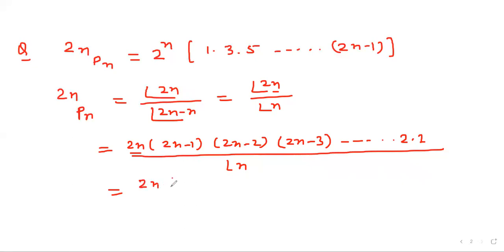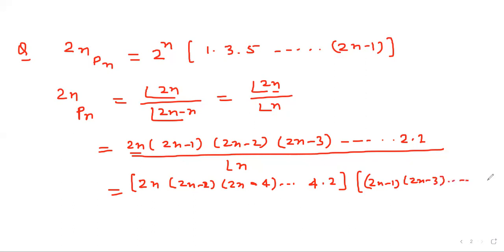So 2n, 2n minus 2, 2n minus 4, dot dot dot 4, 2 in one bracket. And we write other thing, remaining things like 2n minus 1 times 2n minus 3 times till 5, 3, 1, whole divided by factorial n.